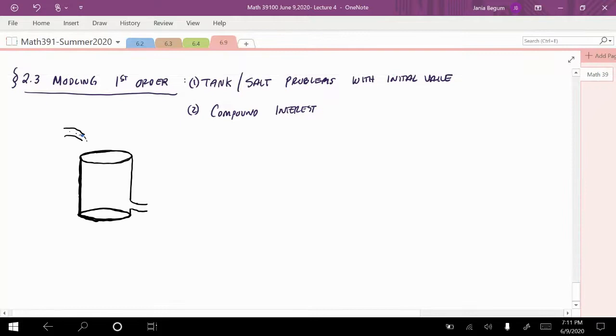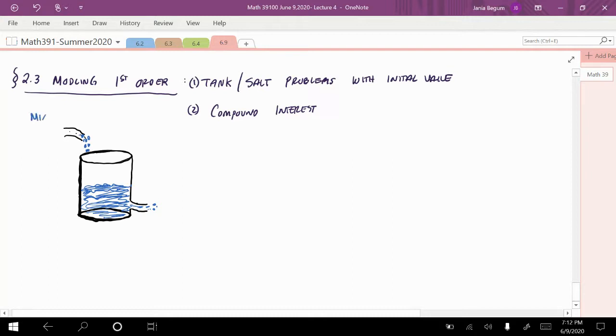So let's suppose we have liquid coming in and we have liquid going out. And suppose initially it has some liquid. Okay, I can't really draw liquid, but good enough, right? Okay. All right, so that's the scenario.